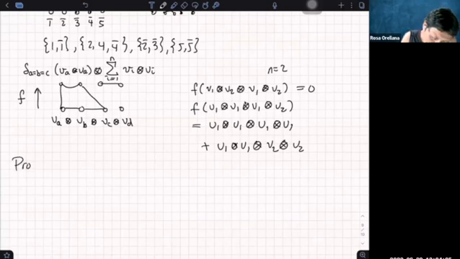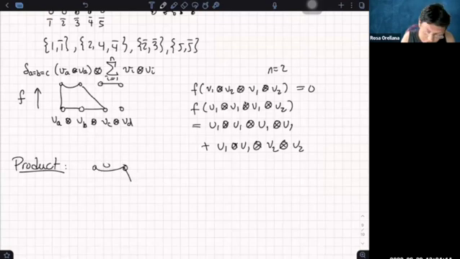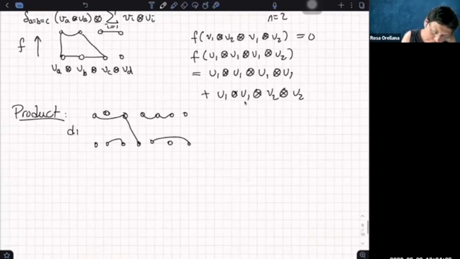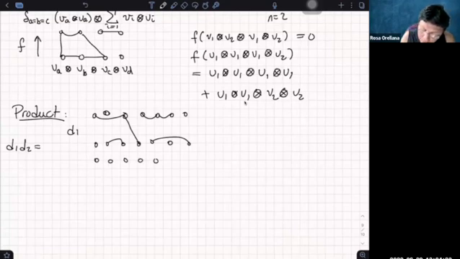And the product is done very nicely, similarly as when you multiply diagrams for the partition algebra, sorry, for the symmetric group. Let's say this is my diagram D1, and I'm computing D1 times D2. You put one diagram on top of the other.